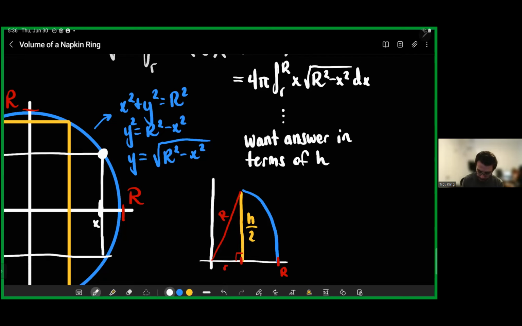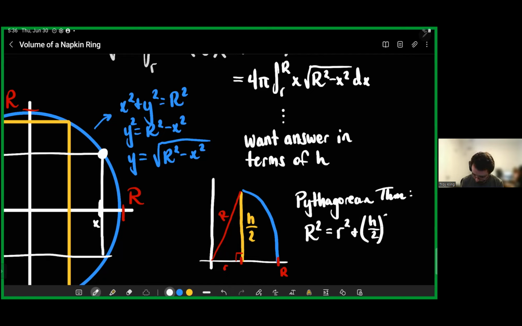So from this, you can write down the Pythagorean theorem, and this just says that the hypotenuse squared should be one leg squared plus the other leg squared. Okay, so this is just a piece of the puzzle.